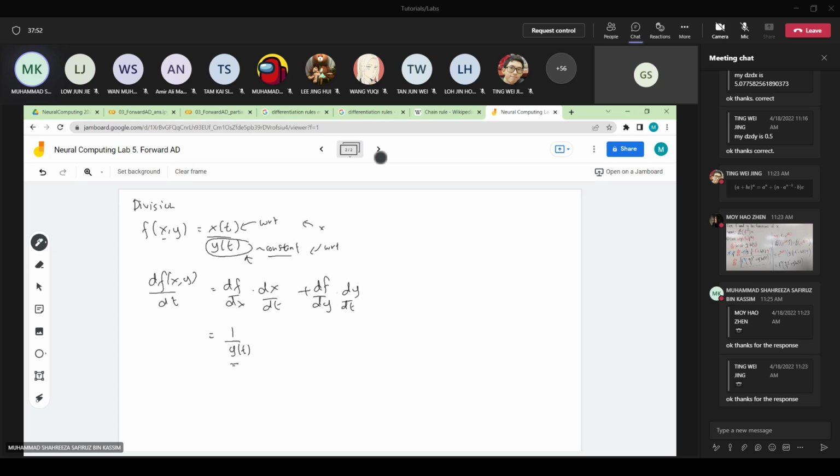So in this case, just continue here. x is a function of t, y is a function of t, and then if you do that, you'll end up with the quotient rule.